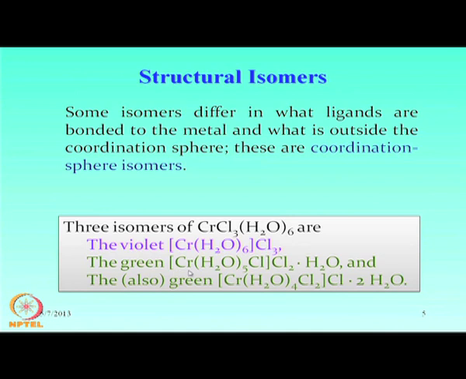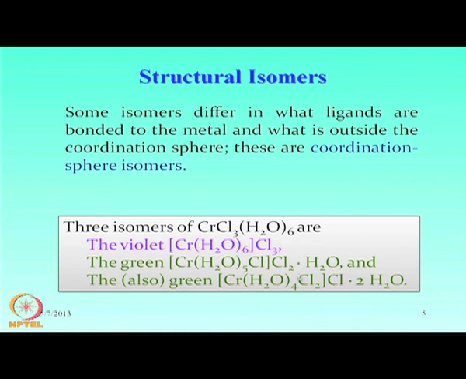But in the second case, we see that one of the water molecules is going out from the coordinate sphere, going from inside to outside, and it is crystallizing as the water of crystallization for the crystalline material, and one chloride anion is therefore going inside the coordinate sphere and binding to the chromium center.